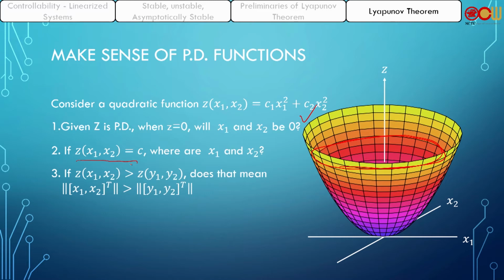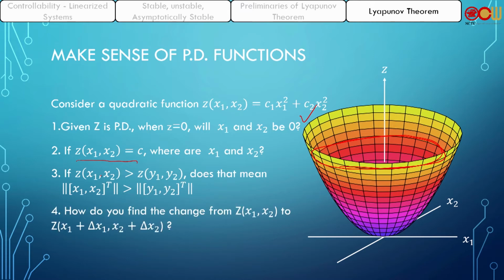Next, this is the question I just showed you: given an x and y on different level sets, if the x level value is greater than y, this implies its distance to the origin is greater than y. Okay? Another key point: after a delta x and a delta y, after the state changes from x1 to x1 plus delta x, given the dynamics, how do you know the change of the z value?